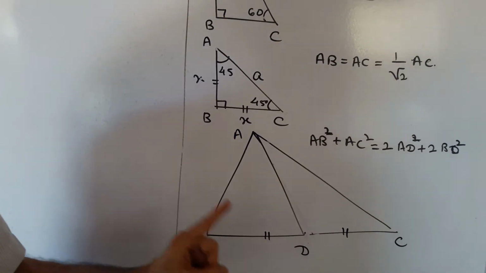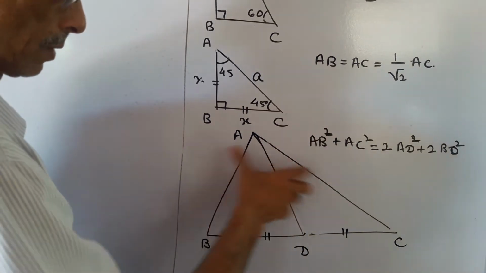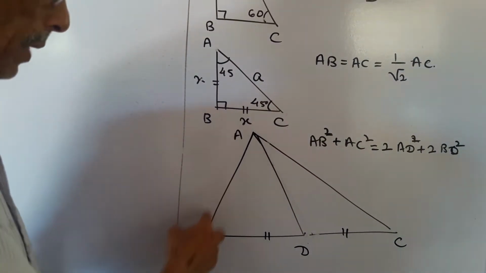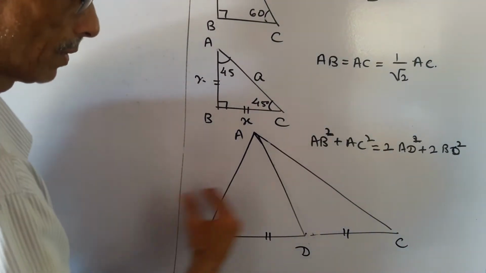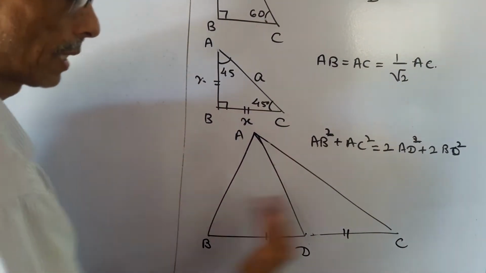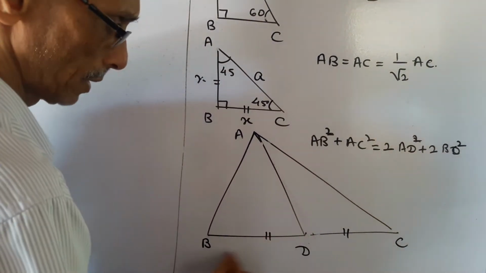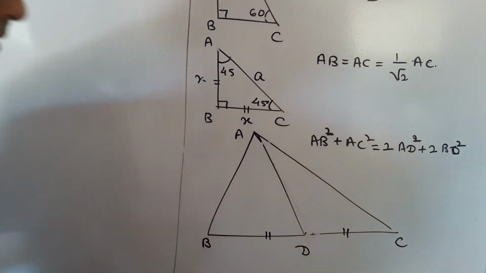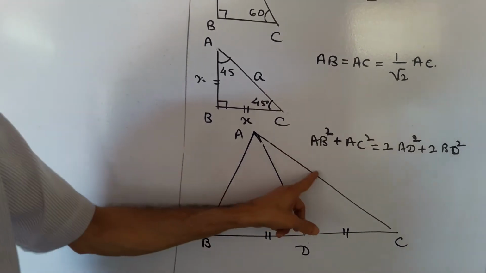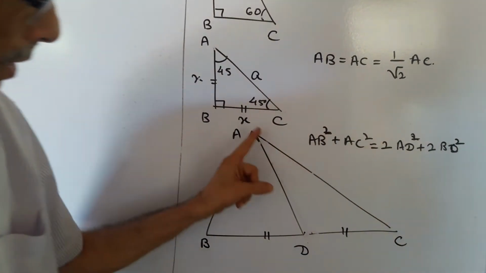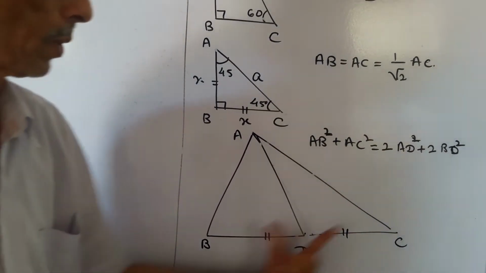Therefore, Apollonius theorem says the sum of the squares of the two sides which are not divided, AB and AC, only BC is divided, is equal to twice the median square plus twice the square of half of the divided side.